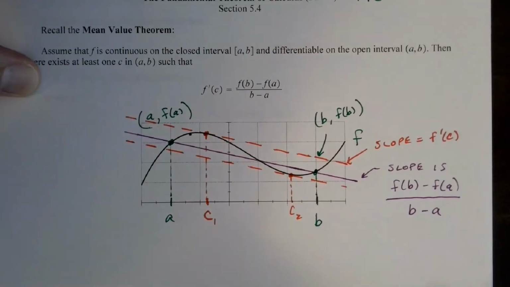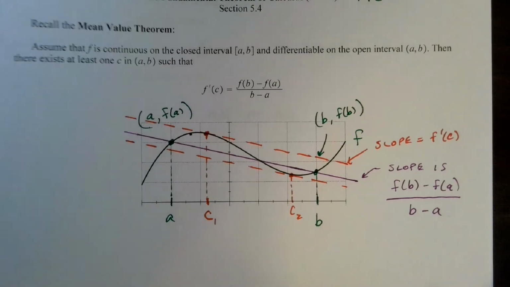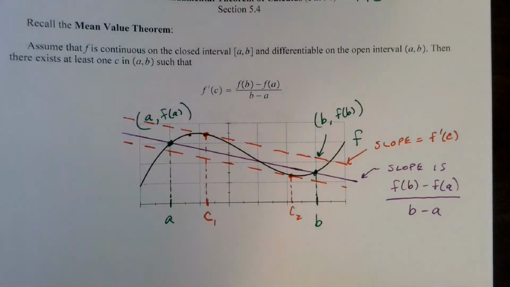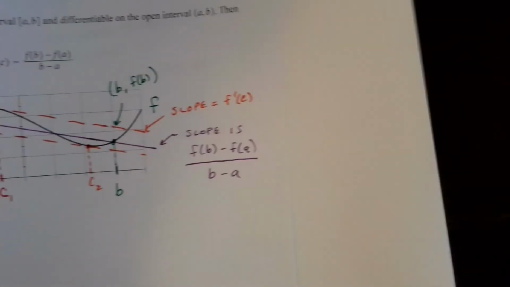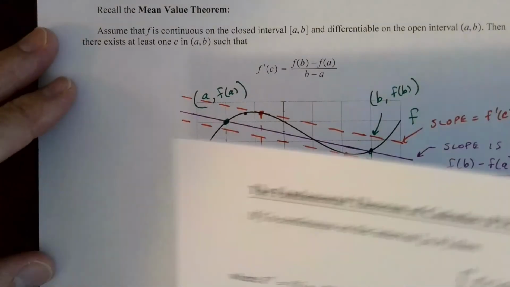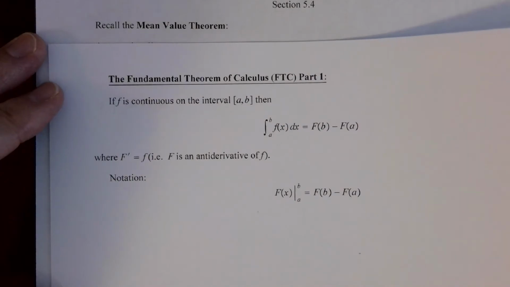So if you're driving down the highway and your average speed is 60 miles per hour for 2 hours, you're guaranteed to have been traveling at 60 miles per hour at least once. I mean, your speed obviously might fluctuate, slow down, speed up. On the average it's 60 miles, but we know then that you're traveling at that speed at one point in time at least.